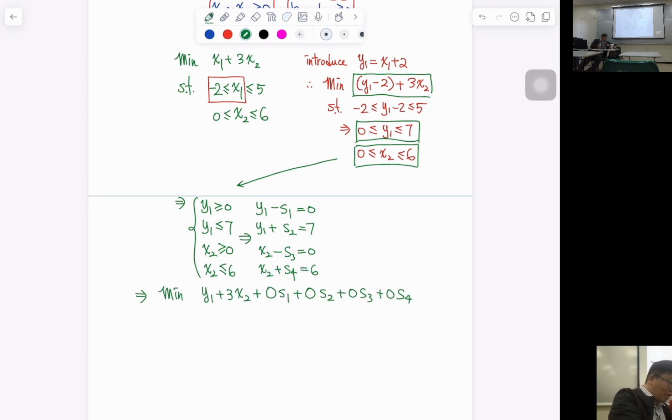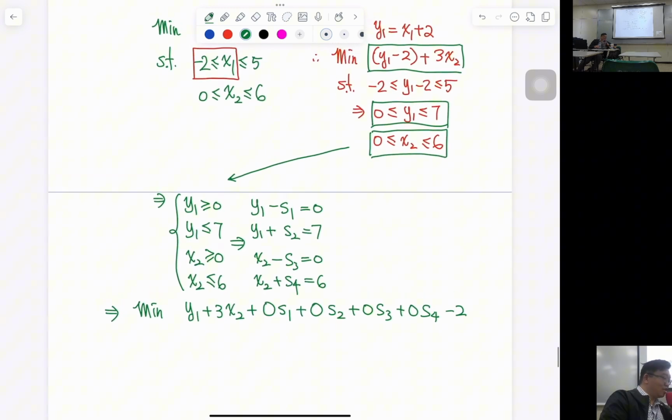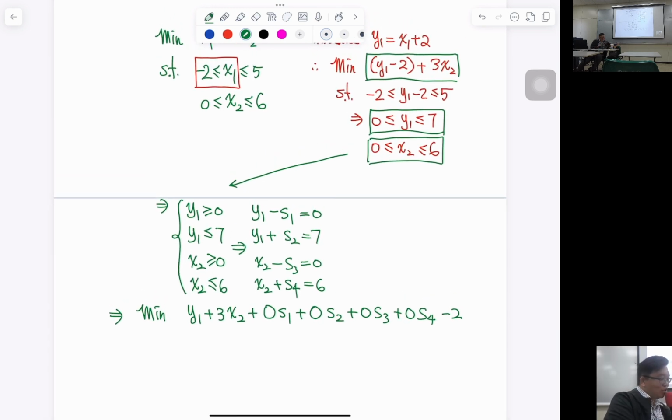Okay, and then the coefficient minus 2, but it doesn't matter because the constant value in the objective function means nothing. You are not going to change them, and you are trying to find the optimal variables that minimize your function value. If the constant is 4, it's 4 all the time.